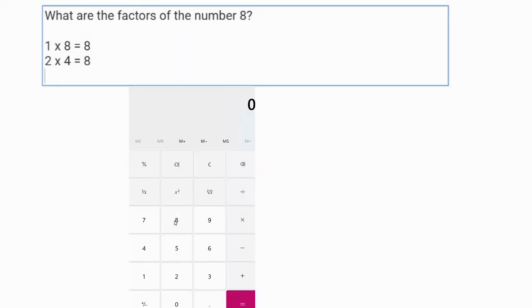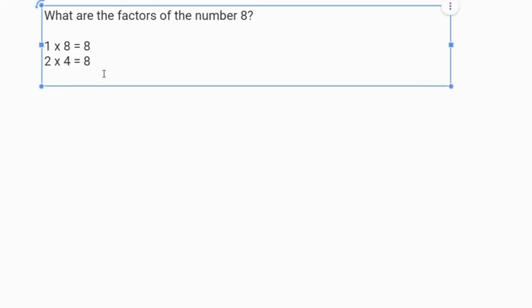One way to check if a number is a factor of your golden number is to take your golden number and divide it by the number which you think could be a factor. If the result is a whole number, meaning it has no decimals, that means it is a factor. But if it's not a whole number, that means it's not a factor. So this is not a whole number because there's a decimal point right here. So therefore 3 is not a factor of the number 8.